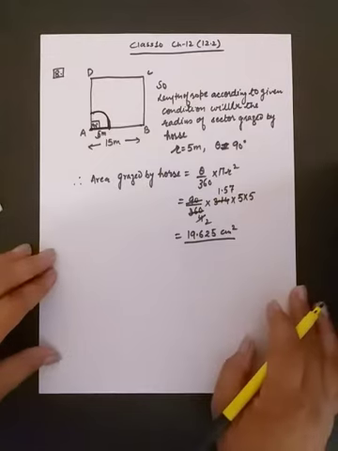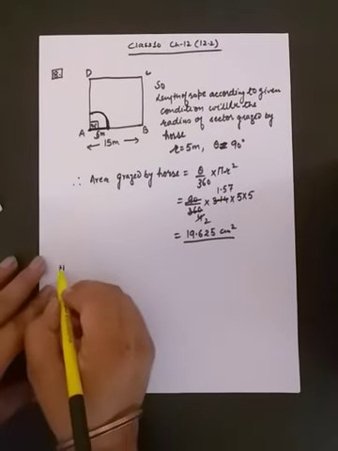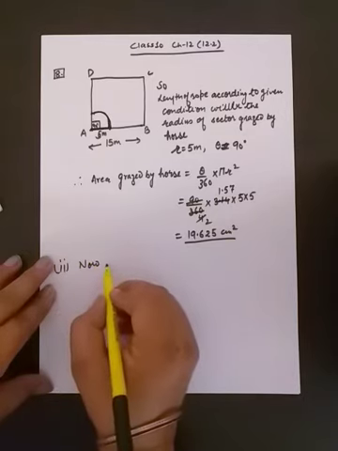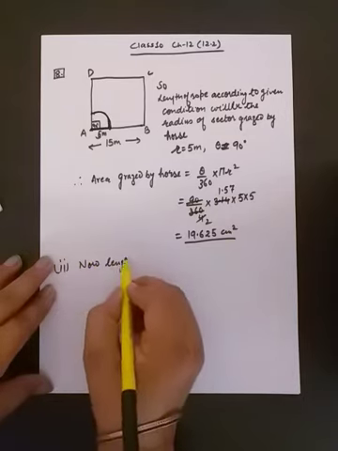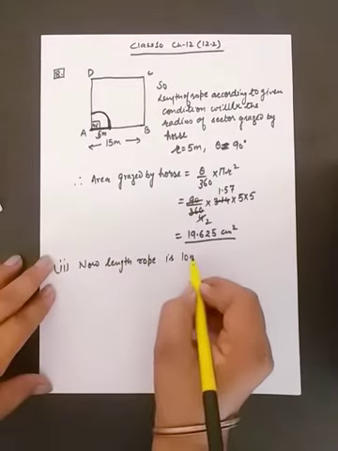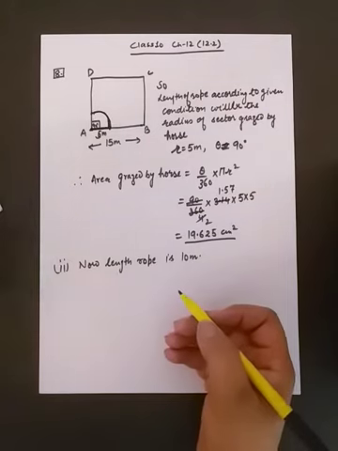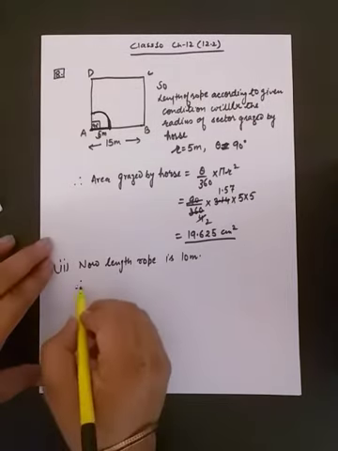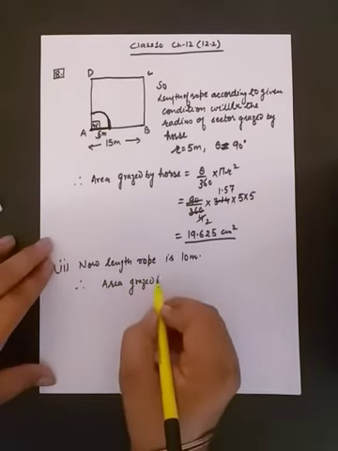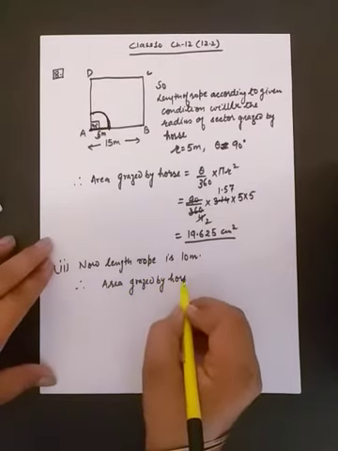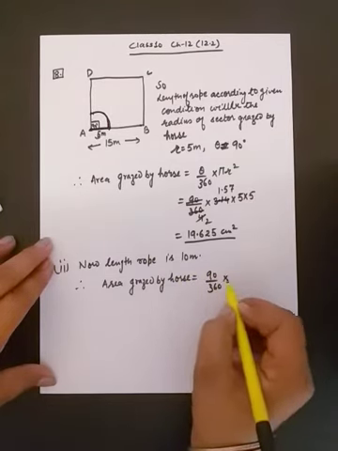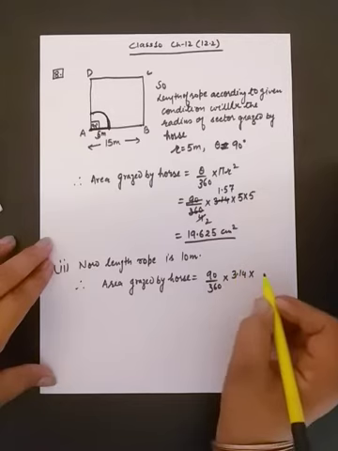Now in the second condition, the length of rope is changed. Now the length of rope is 10 meter. So it means now the horse can graze more area. Therefore, area grazed by horse will be again 90 upon 360 into pi multiplied by r square.